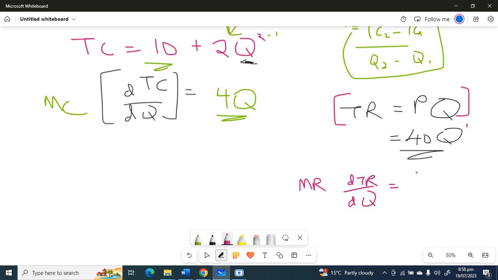So that's a marginal revenue of 40. When you sell one more good, you earn an extra 40 kwacha. Another good, 40 kwacha. Another good, 40 kwacha.